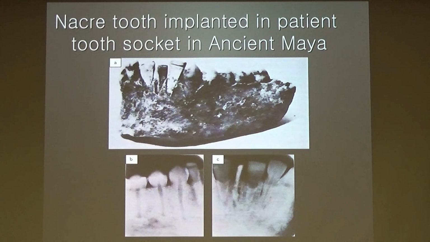This is the ancient Mayans. It's a very crude type of biomimetics. It's not the biomimetic science that I've been talking about, but it's where they used nacre as a replacement tooth.